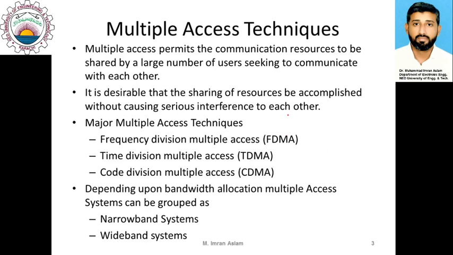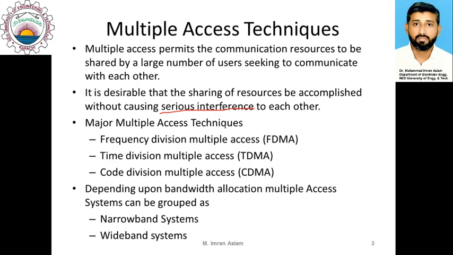One important thing that we take care of during multiple access is that the sharing of resources should be made in such a way that there is minimum interference among users. So we should arrange the system in such a way that they do not interfere with each other.